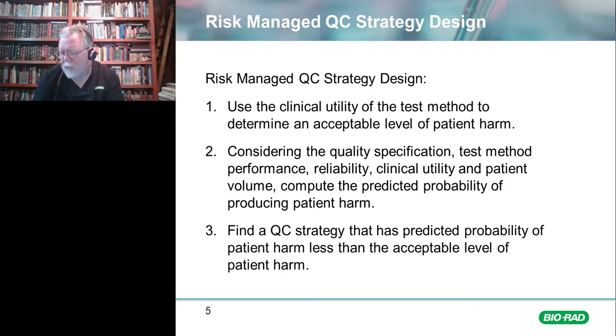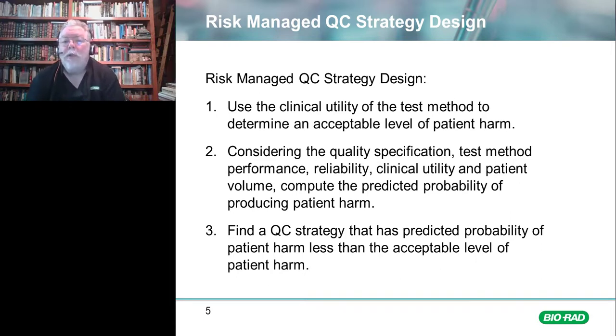Well, the reality is that if you test enough patients, you are going to produce erroneous results. And if you produce enough erroneous results, you are going to cause some level of patient harm. So our goal needs to be that we are keeping the level of patient harm to an acceptable level.